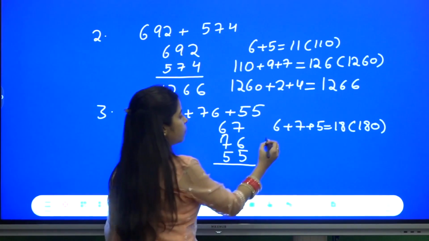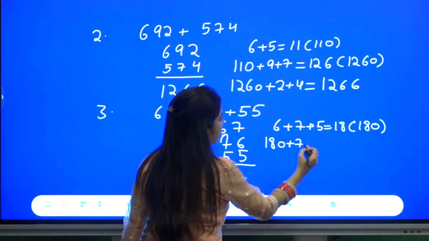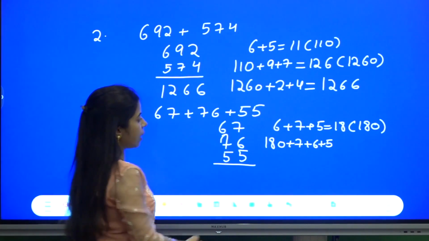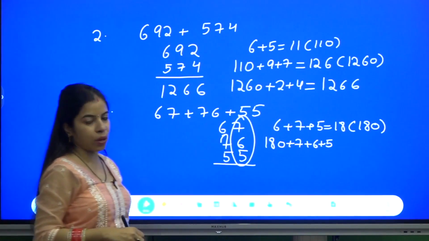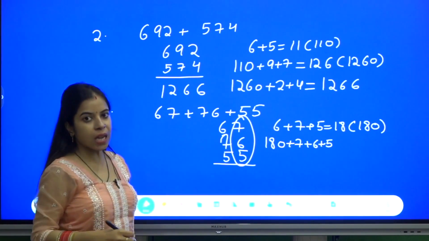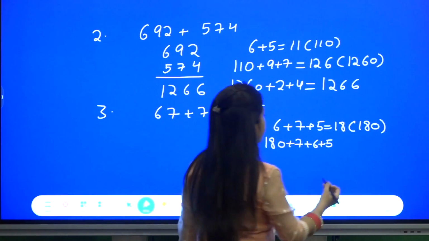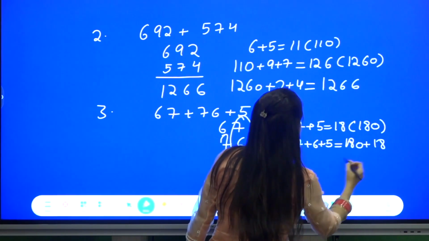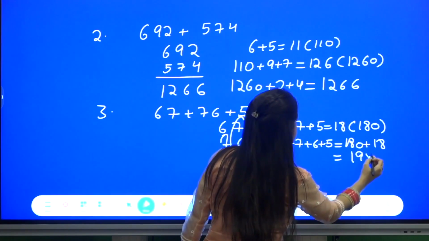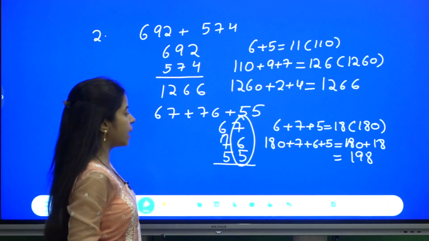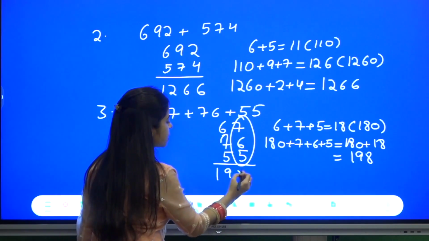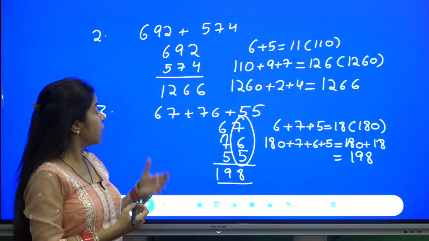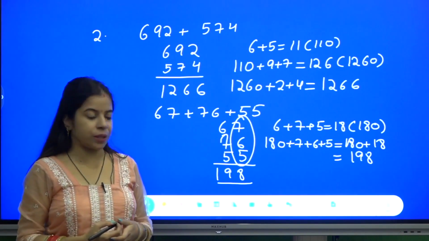In the next step, we are going to add 7, 6 and 5, that is the numbers that are present in the next column, to our previous answer, which is 180, and this will become 198. So the final answer is 198. So this is the first technique of Vedic mathematics with the help of which we can perform addition.